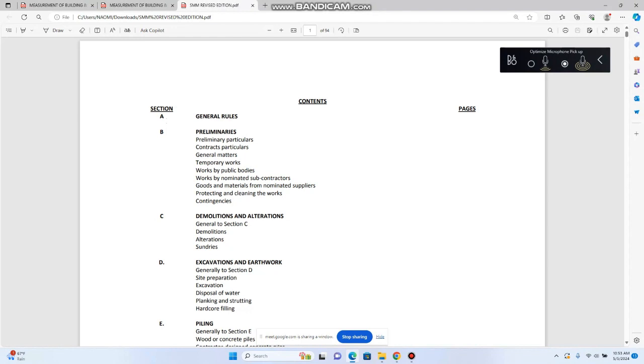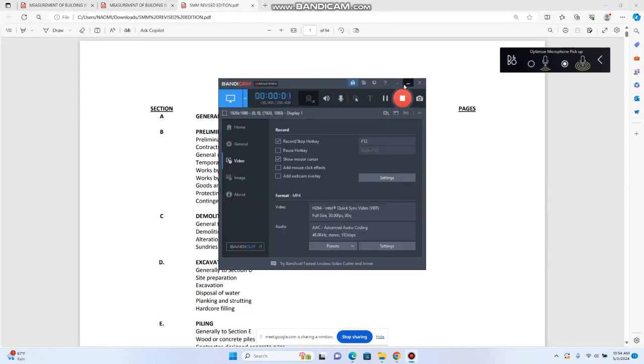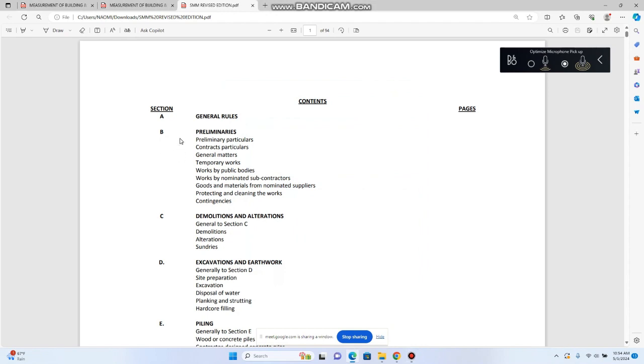All right, then in section B, it shows us how to measure preliminary works. Preliminary works are all works that are usually done before the construction begins. For example, all the temporary works, such as site fencing, bringing water to site, hiring the storekeeper, protecting and cleaning the works, building a store on the site.